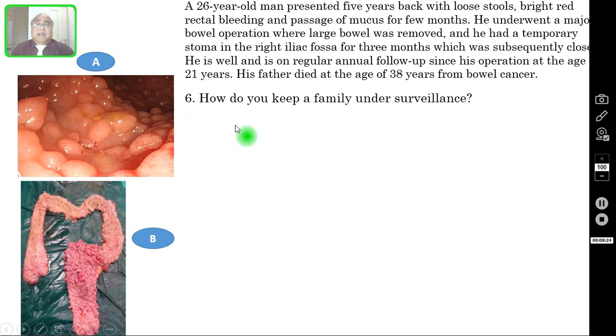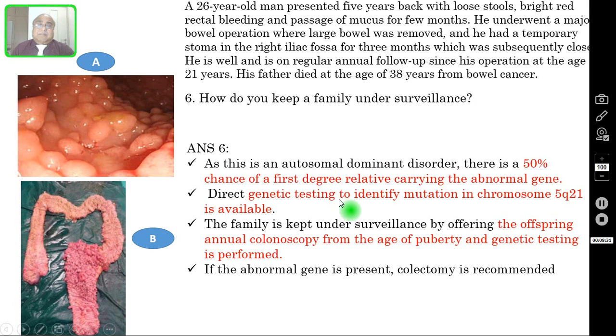Question number 6. How do you keep a family under surveillance or follow-up? The correct answer is, as this is an autosomal dominant disorder, there is a 50% chance of a first degree relative carrying the abnormal gene.